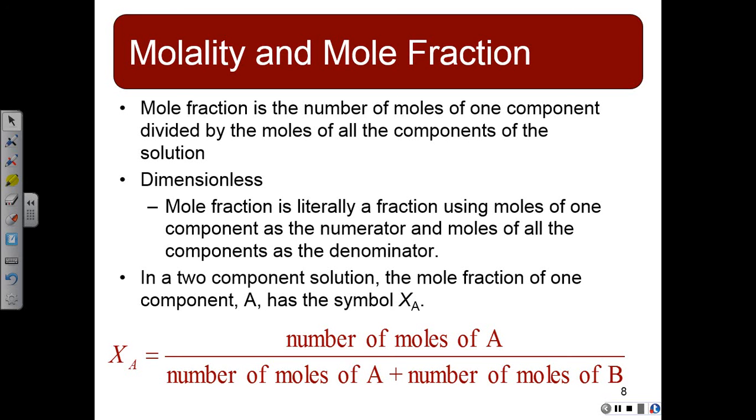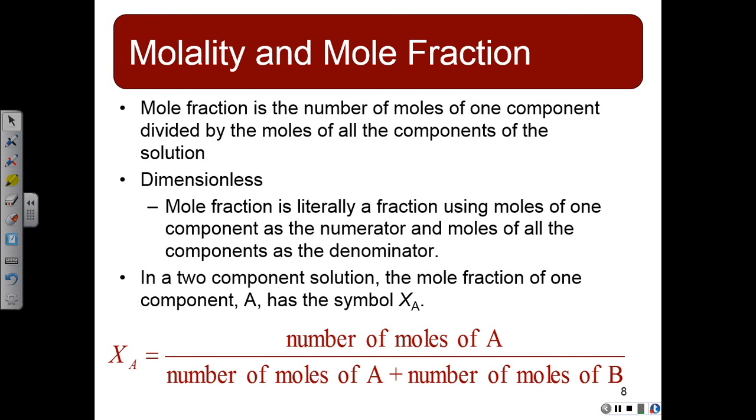So if you're looking for the mole fraction of, let's say, A. A could be anything. That could be your solute. So let's say it's sodium hydroxide. You would take the moles of it. If you're given grams, you'd convert to moles. Or if you're given moles, then you just simply use it. And then you divide it by the total moles of everything in the solution.